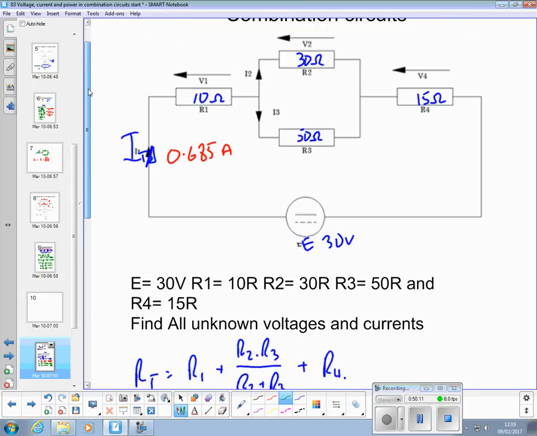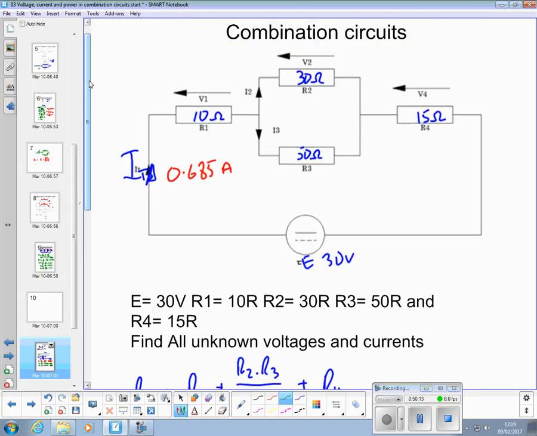Now, what 2 ways are there to determine the voltage across the parallel pair? Correct, that's one way.